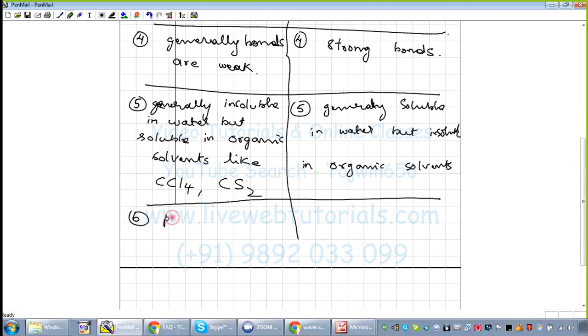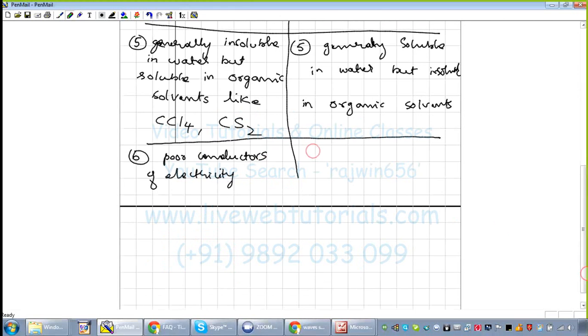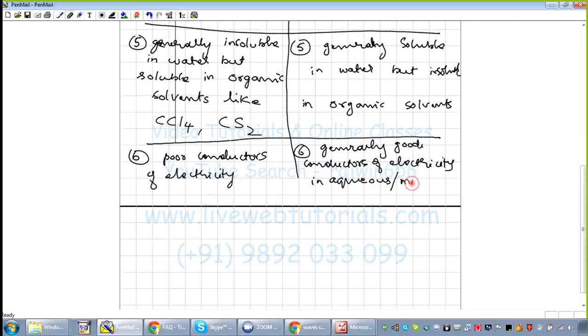Covalent compounds are poor conductors of heat and electricity. Ionic compounds are good conductors, generally good conductors of electricity in aqueous or molten state.